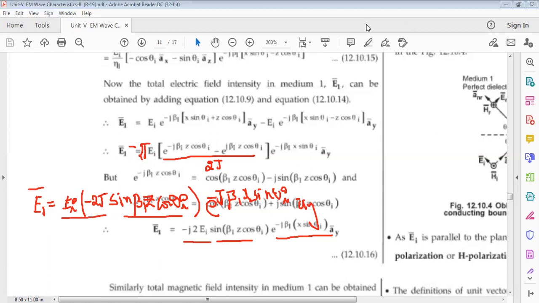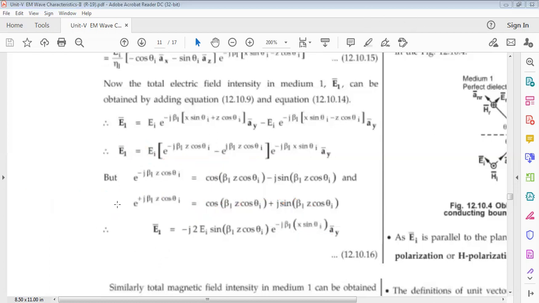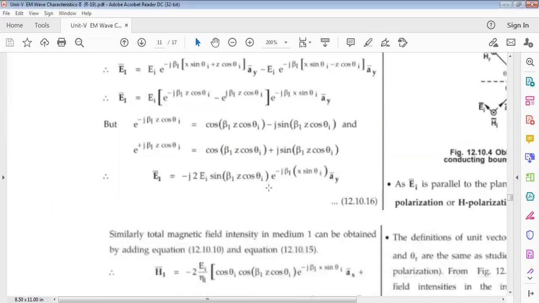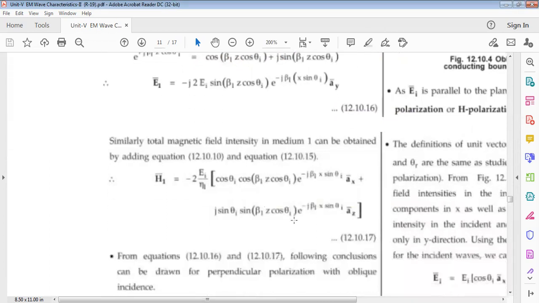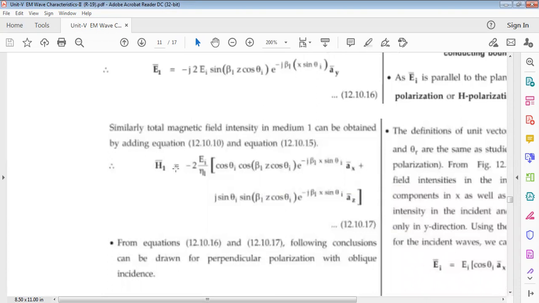And similarly, the total magnetic field in the medium one can be obtained by adding the two equations we got previously, in terms of EI and theta I. The H1 bar is equal to HR bar plus HI bar. Okay, after simplifying the equations here also, cos beta 1 z cos theta, making this sine beta 1 into cos theta.